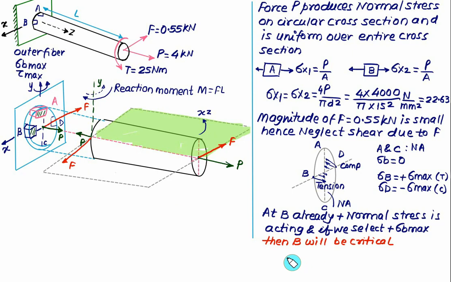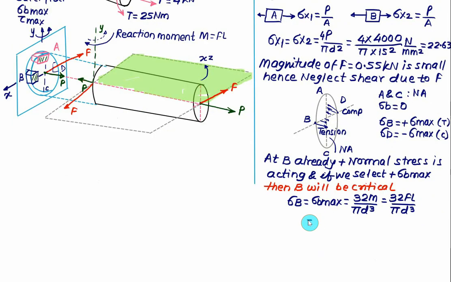So at B we have maximum bending stress, given as sigma B maximum, and for circular cross section this value equals 32 times M divided by pi into d cube. Whereas the bending moment is given as product of F into L, so we have 32 times F multiplied by L divided by pi into d cube.